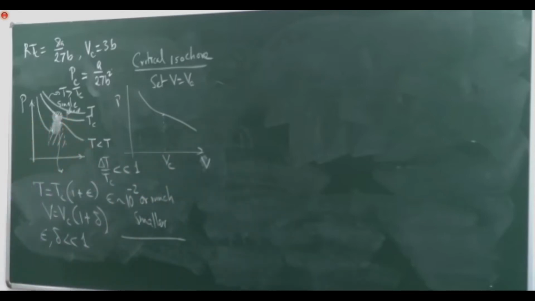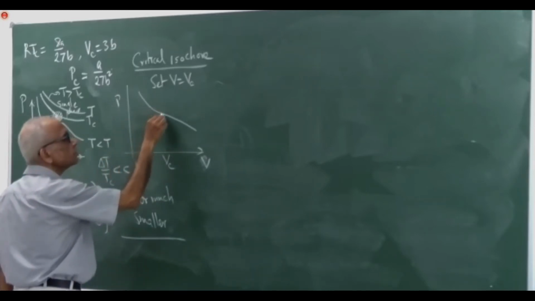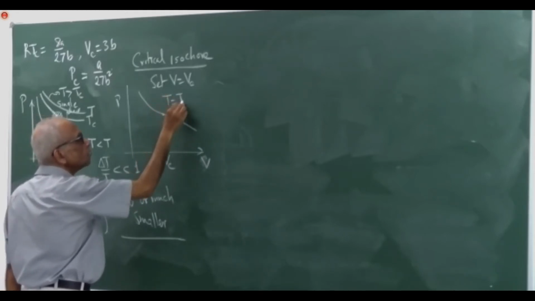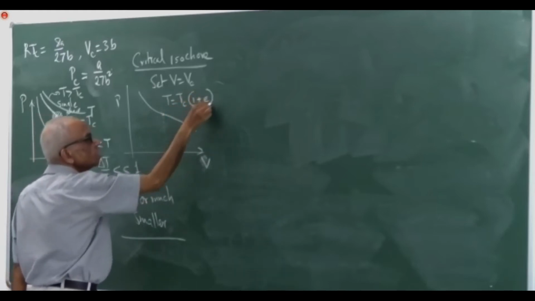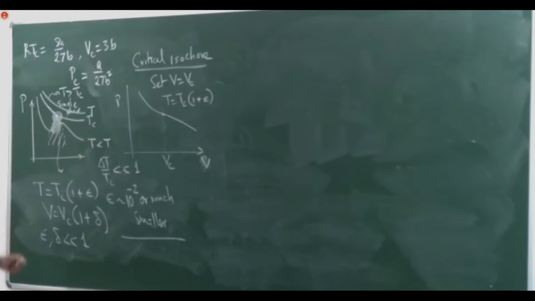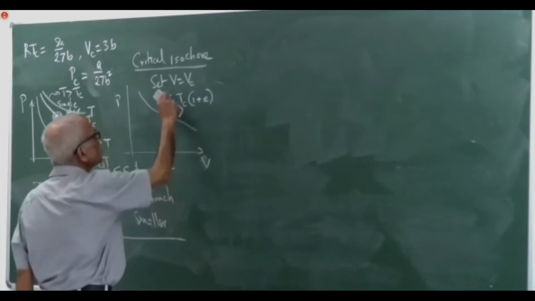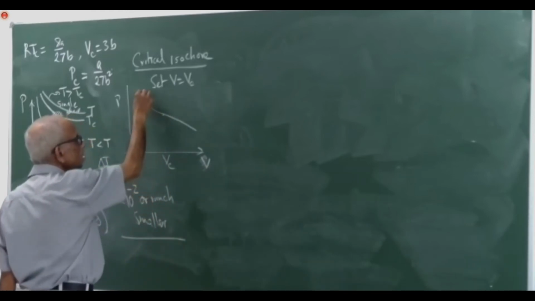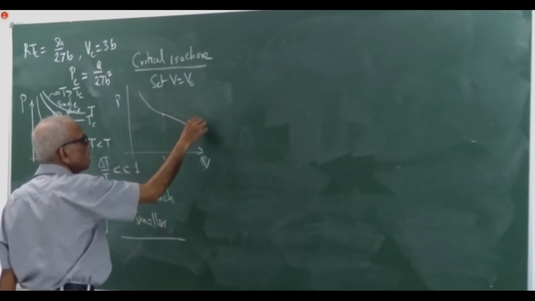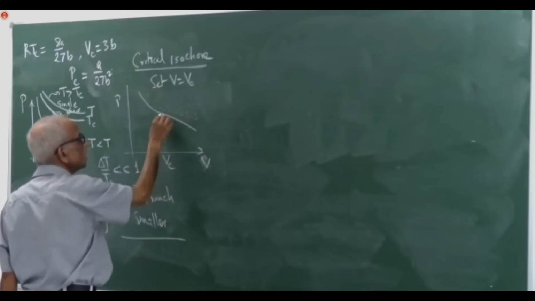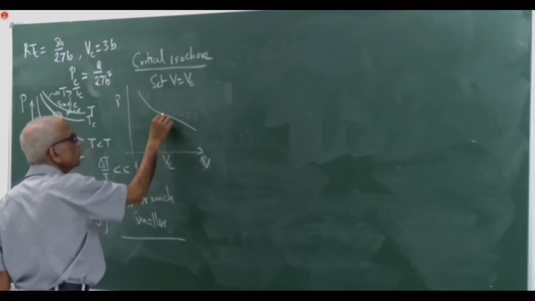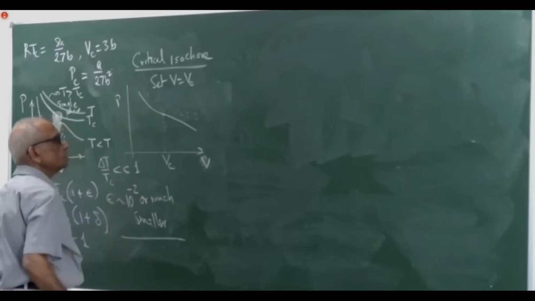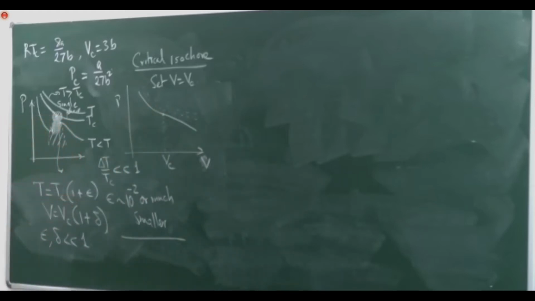V is going to be kept at Vc, and I'm going to change the temperature, writing T equal to Tc times 1 plus epsilon, which I have already done. In the temperature axis, which you don't see, there is another isotherm over here which looks like this. So I'm essentially going from this isotherm to the neighboring isotherm, which is epsilon away.